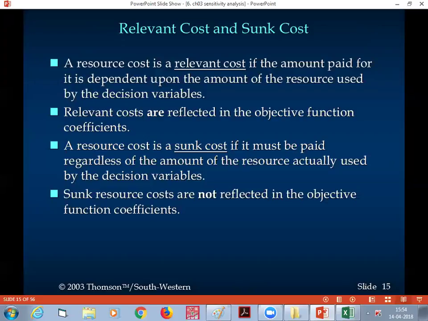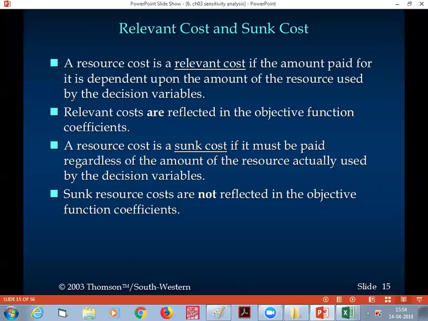If you look at it project-wise, for example, the billing amount and billing hours for each employee in the project become a relevant cost.